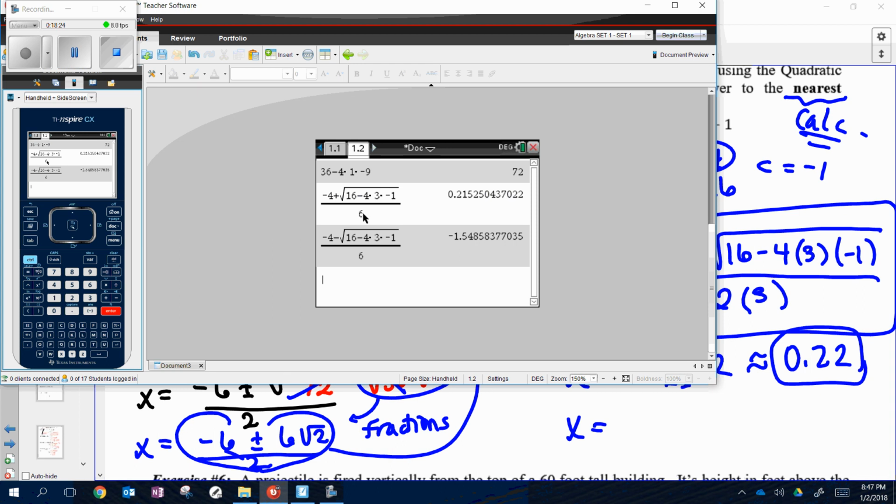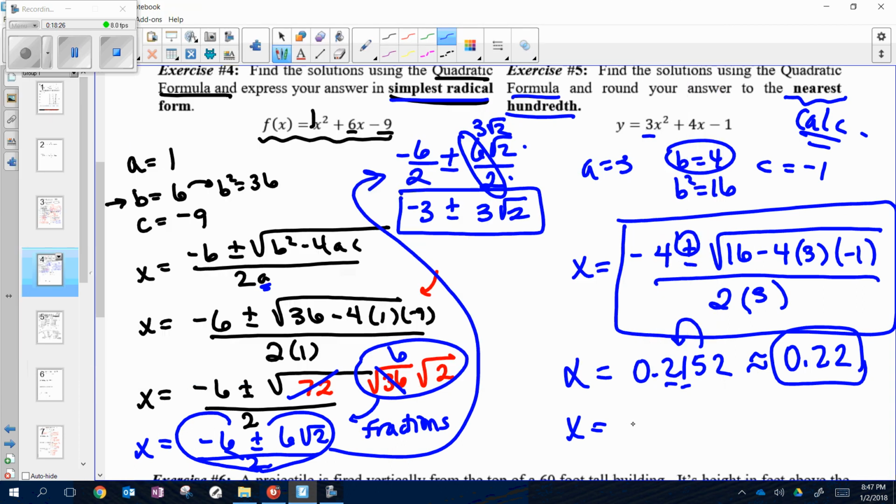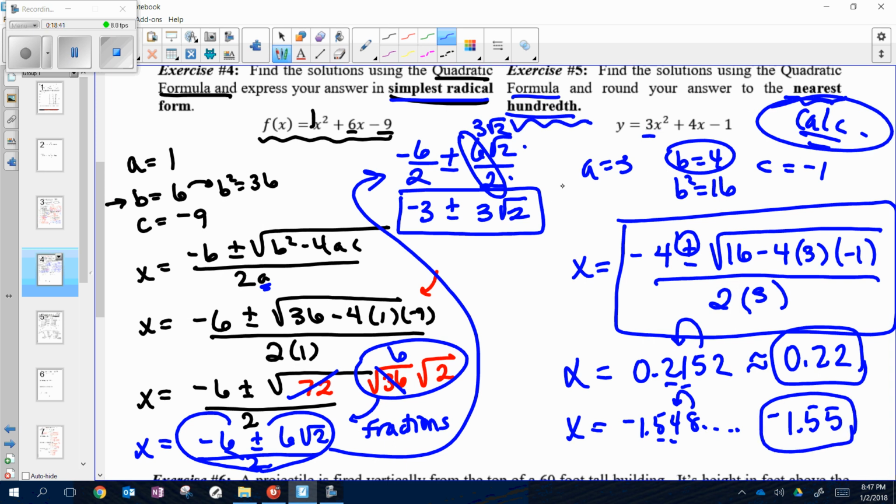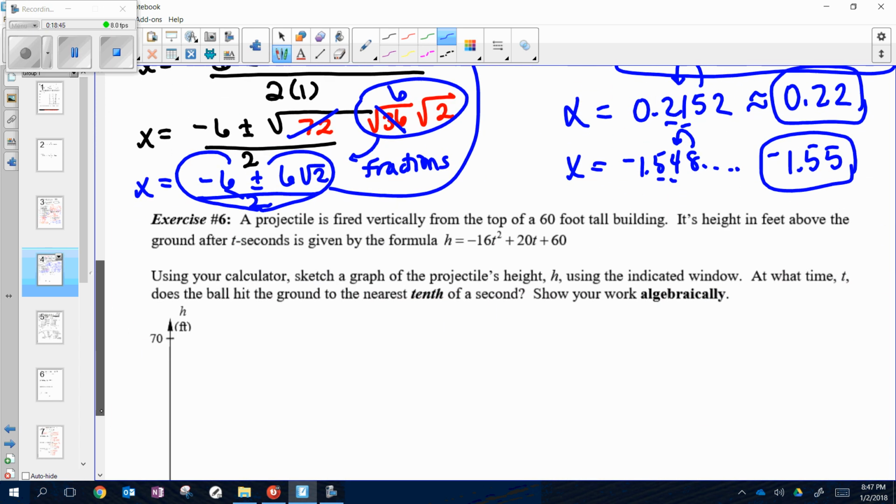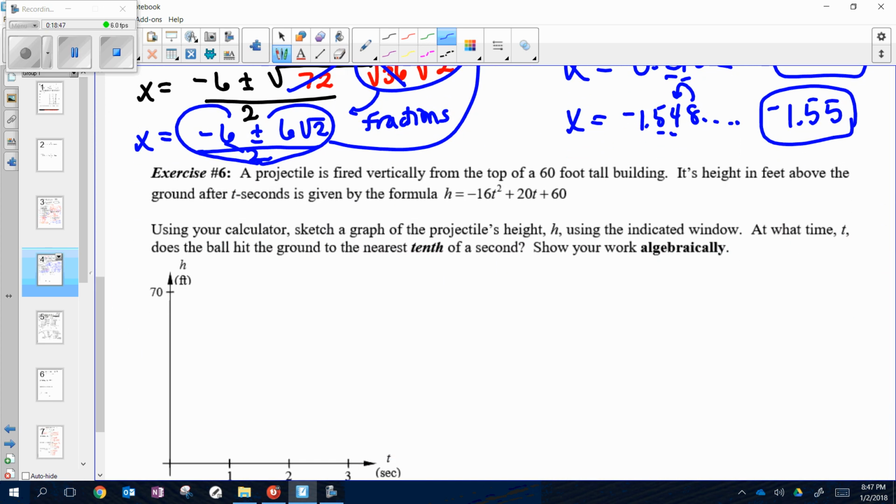Negative 1.548 dot dot dot. The hundredth place is going to become a 5, negative 1.55. So if it says nearest something and you can use your calculator, you don't need to do all the fancy simplifying of radicals.